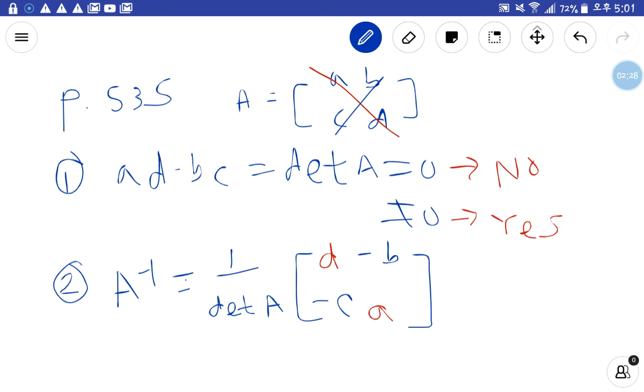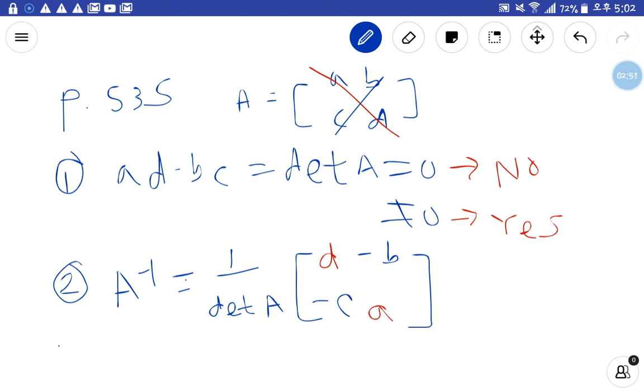It's too complicated to find the actual inverse matrix of a 3 by 3. When we go on to section 7.3, it's going to be easier to find the 3 by 3 inverse matrix. I can explain that when we get there.